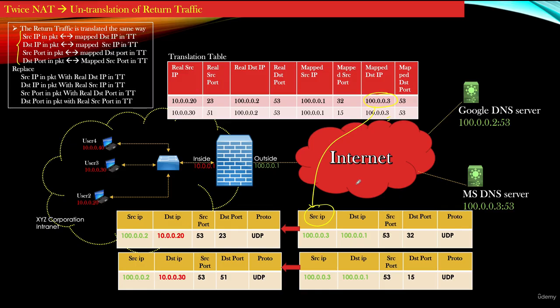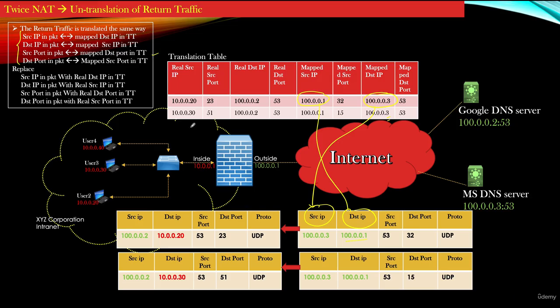So let's go forward. The destination IP address in the packet, which is 100.0.0.1, must be the same as the mapped source IP address in the translation table. So the mapped source IP address in the translation table is 100.0.0.1 and it is still the same. So still both the rows in the translation table qualify.